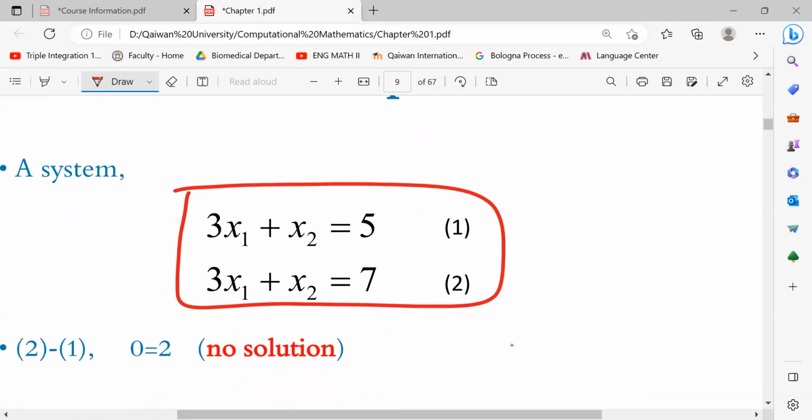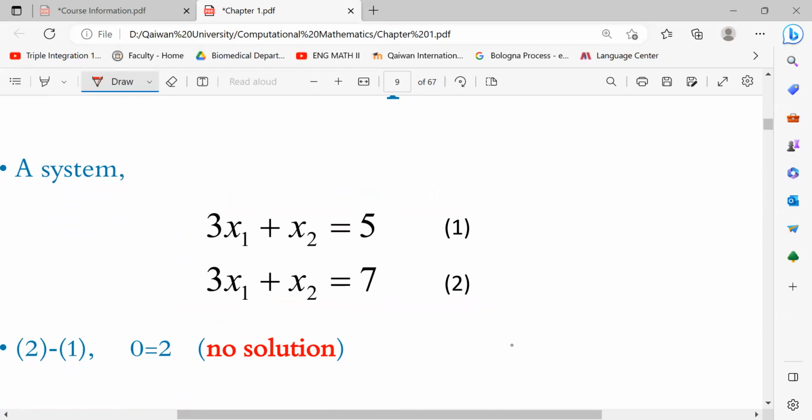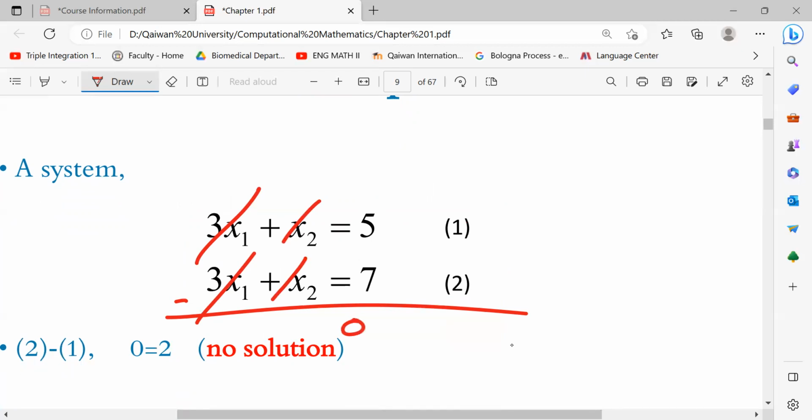Why? If we subtract one equation from the other and we get some impossibility, we say it has no solution. For example, if we get 0 equals 10, it's impossible. As you see, if we subtract the second from the first, these will cancel out, and these also. On the right-hand side, on the left you get 0 and on the right you get -2.